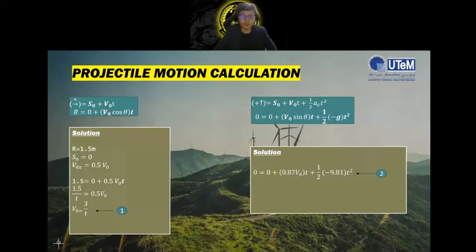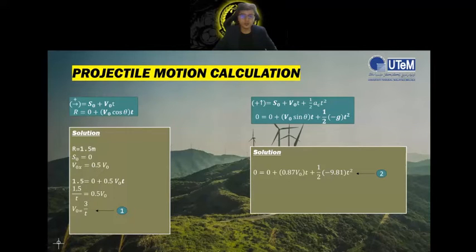On the right side, for the vertical axis, we use the formula S equals S0 plus V0 T plus 1 over 2 multiplied by A multiplied by T to the power of 2. Then we substitute the acceleration value, A equals 9.81, which is the gravitational acceleration.